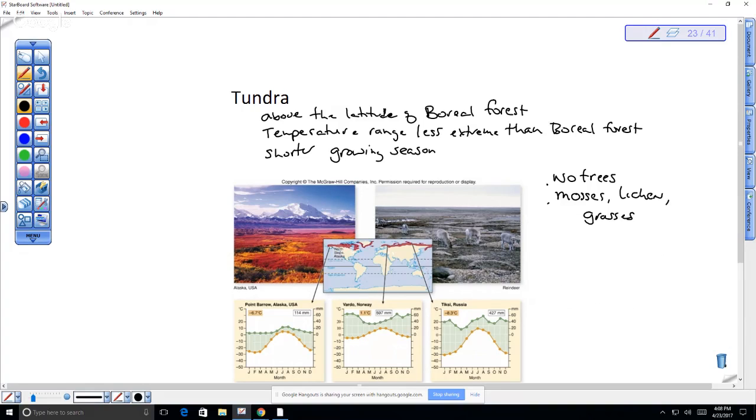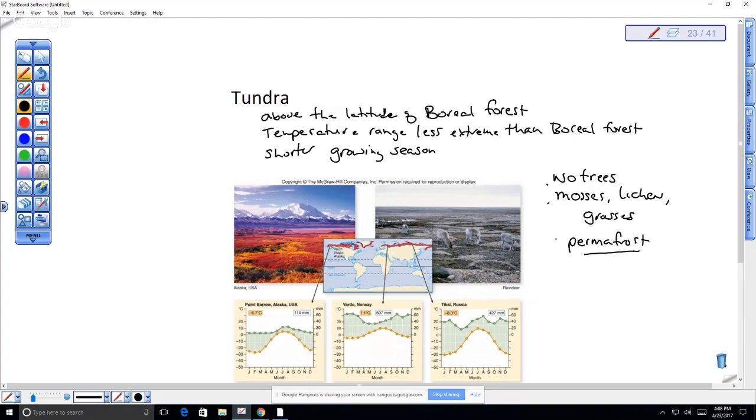And this is where we have permafrost. You might have heard about permafrost, because permafrost is where the soil remains below zero for consecutive periods of time, like 2 or more years. The permafrost is starting to thaw out.